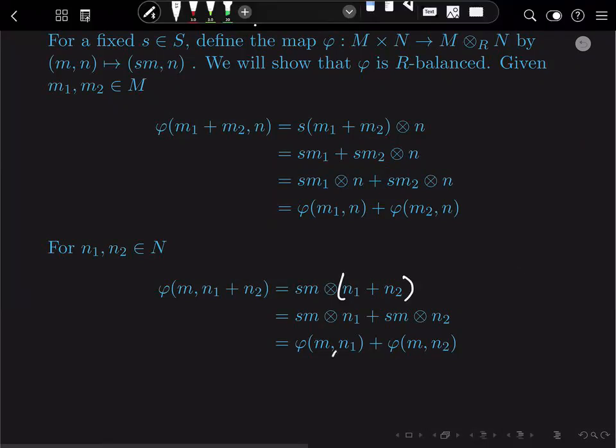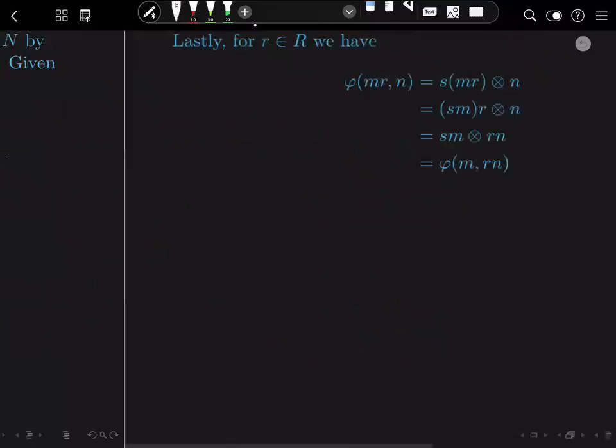So that's fine, and then we use the properties of tensor products again, and we get what we want. We get that phi is balanced in the second factor.